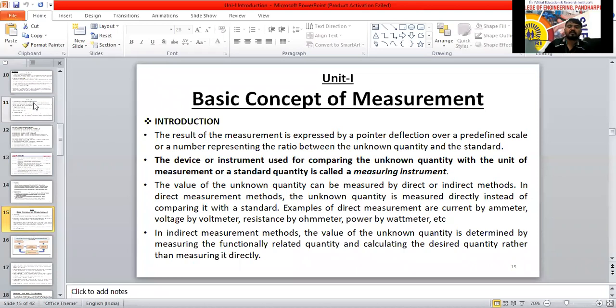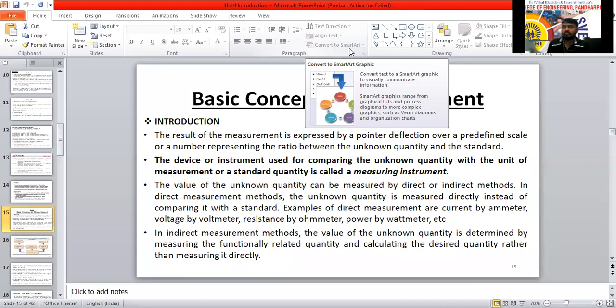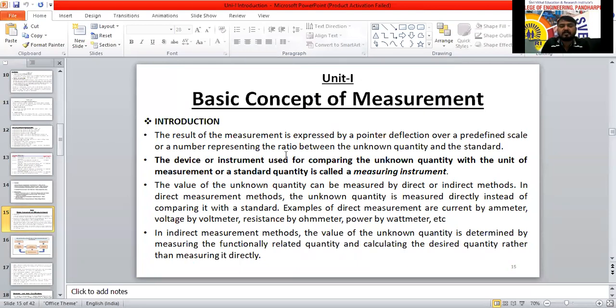Nobody is replying again. 6 units are there, 2 sections are there, I told. Out of the 6 units, today we are going to discuss the first unit, that is called introduction of measuring system, the concept of measuring system.